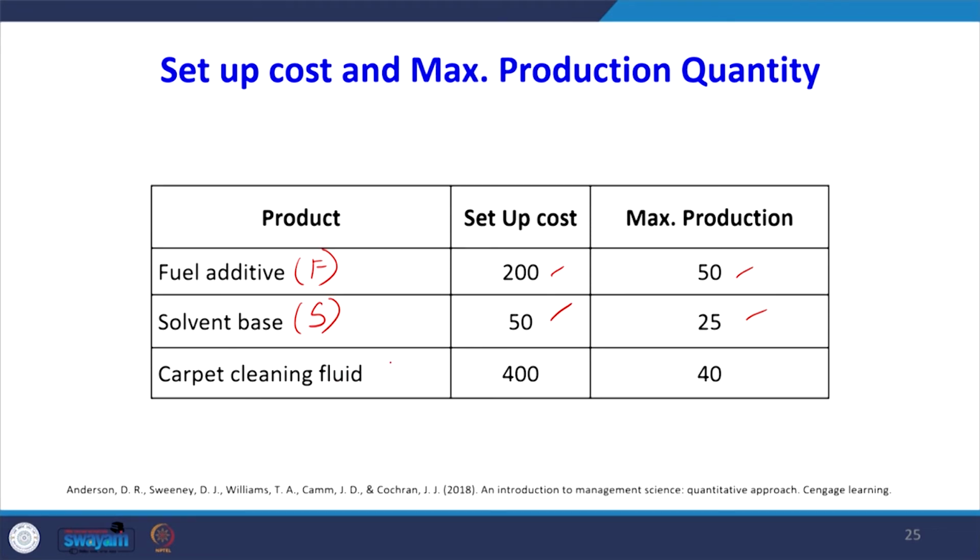For the carpet cleaning fluid, the setup cost is 400 and the maximum production is 40. So, what we are going to do now is consider the setup cost and the production capacity with the help of binary integer variables.